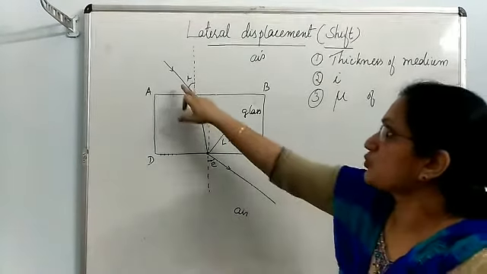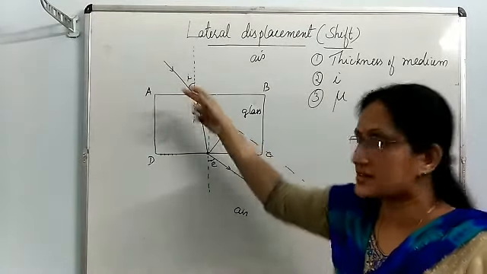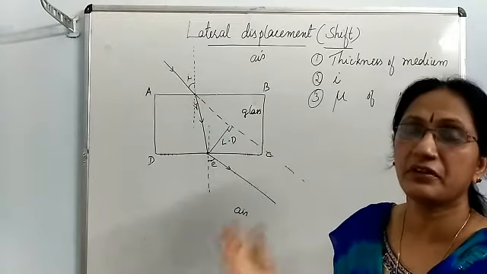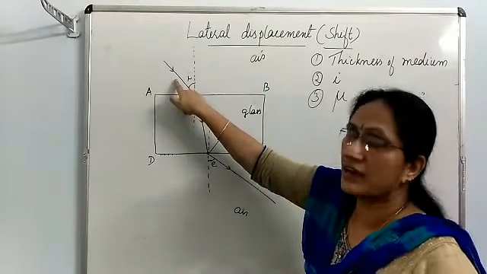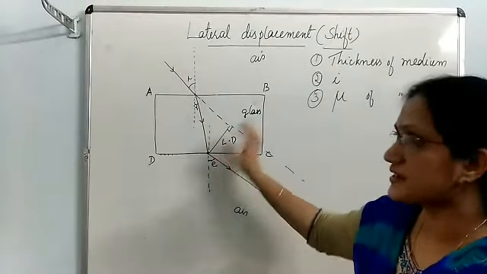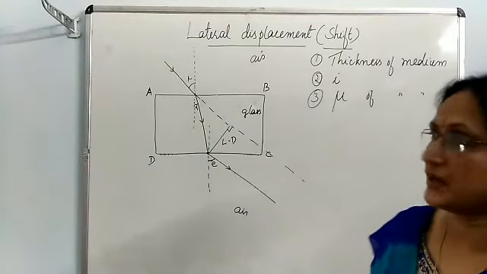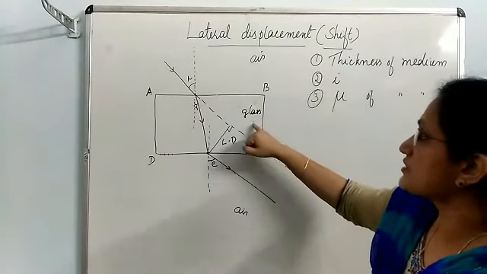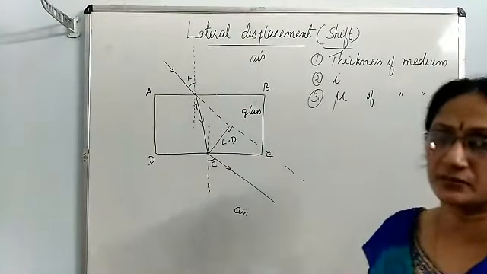You know, if you use violet color light and red color light, this lateral displacement will be different. For the same angle of incidence, if you use violet light and red light, the lateral displacement happening will be different. We can explain the reason like this. The refractive index of this glass block is different when you use red or violet light.